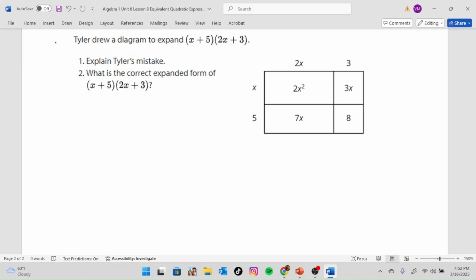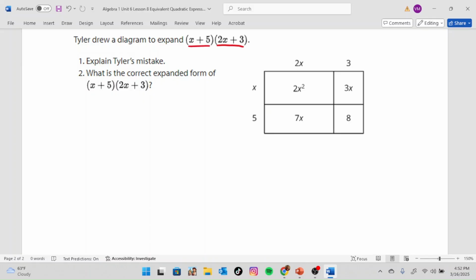So let's look at Tyler's work and find his mistake. On the top, we have 2x and 3. And this comes from the second factor. So that is correct. Down the left side, we have x and 5. That comes from x plus 5.